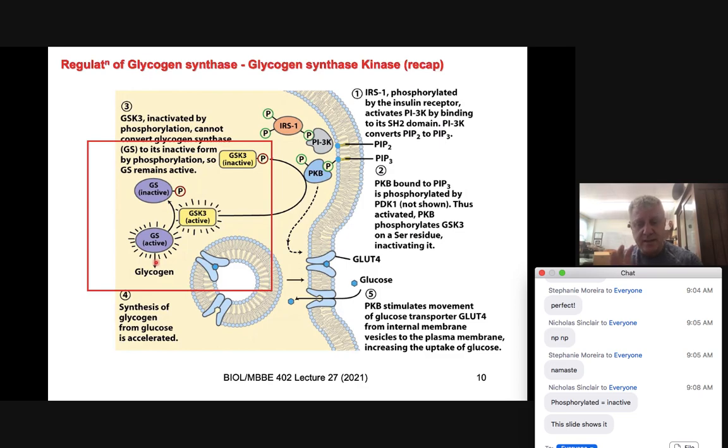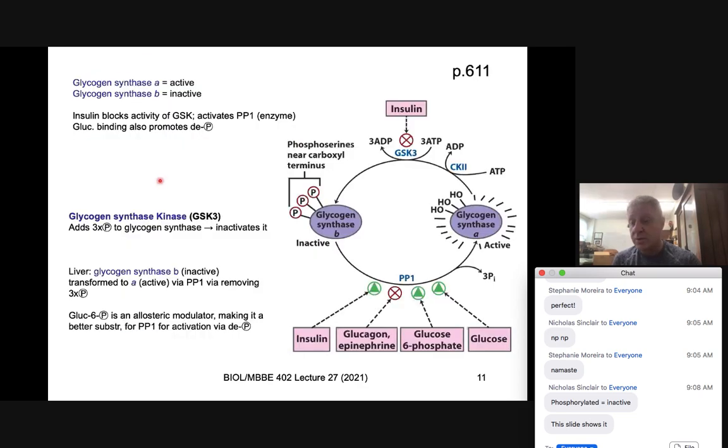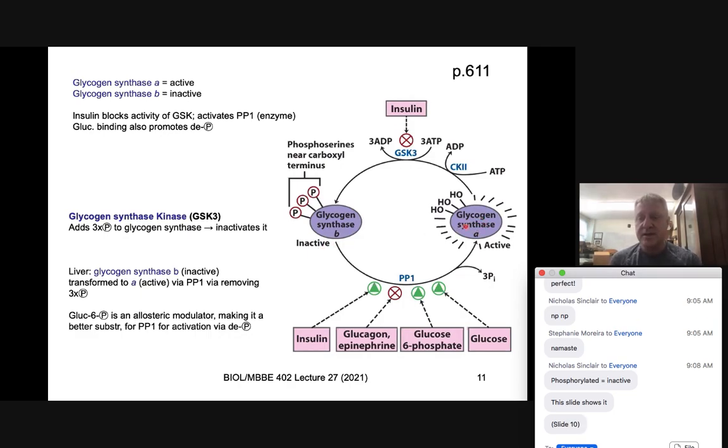So we've already seen this particular system, but we're going to have a little closer look here in regards to the glycogen synthase, because it's going to have some aspects that we've previously seen in regards to autoregulation, as well as the role of the PP1 enzyme here. So let's have a look. Glycogen synthase B, which is the inactive form, and glycogen synthase A, which is the active form in regards to phosphorylation.